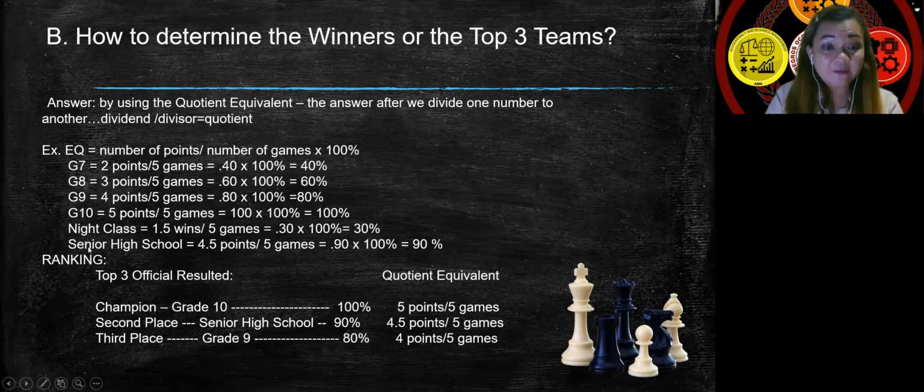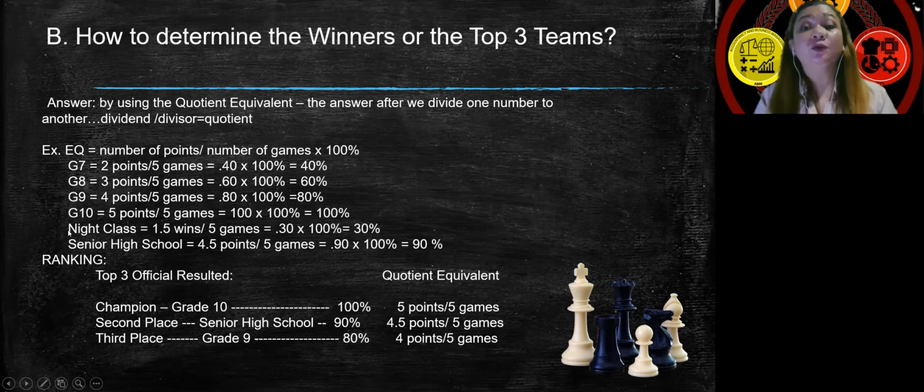Now let's try senior high school. For senior high, assuming they got 4.5 points, divided by 5 games, that would be 0.9 multiplied by 100%, which is equivalent to 90%. After you get the quotient equivalent, you are going to rank the teams according to the percentage they got.